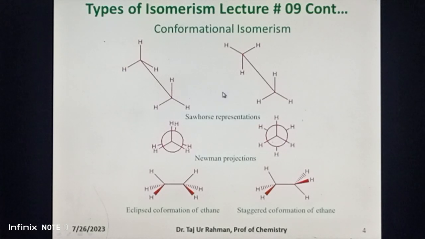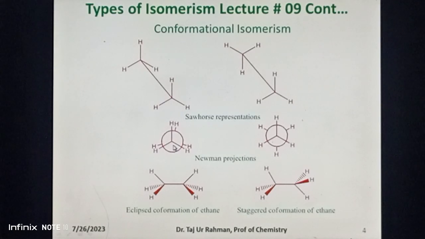Sawhorse representations view the carbon-carbon bond from an oblique angle and indicate the spatial orientation by showing all the carbon-hydrogen bonds. Newman representations view the carbon-carbon bond directly end on and represent the two carbon atoms by a circle and a dot.